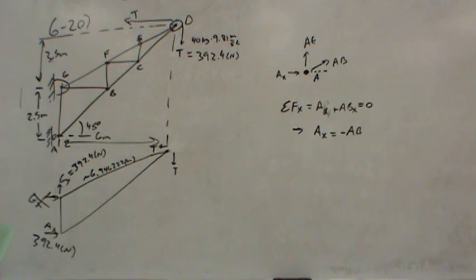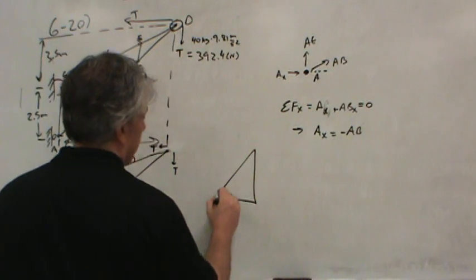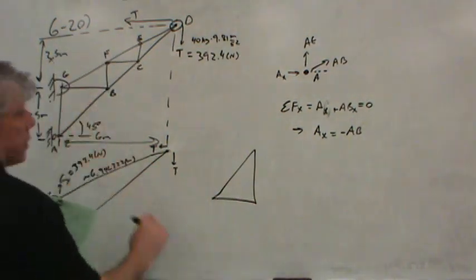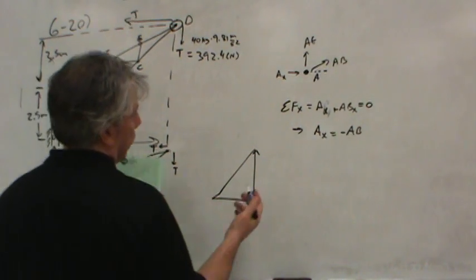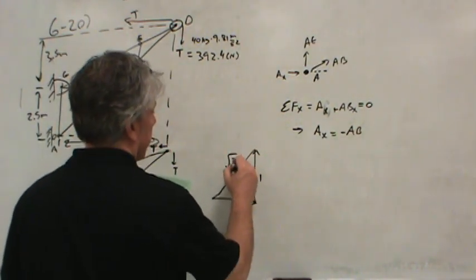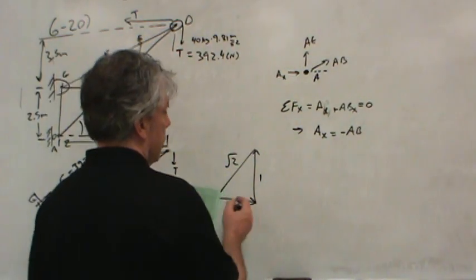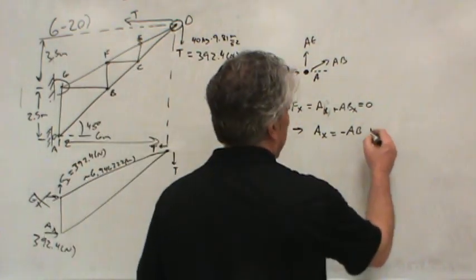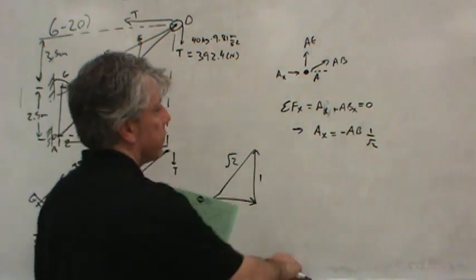And so the relationship between the hypotenuse of any force on this triangle and the vertical and horizontal components will be a 1 over root 2 relationship. So if I want just a horizontal component, I need to multiply by 1 over root 2, or in other words, divide AB by the square root of 2.